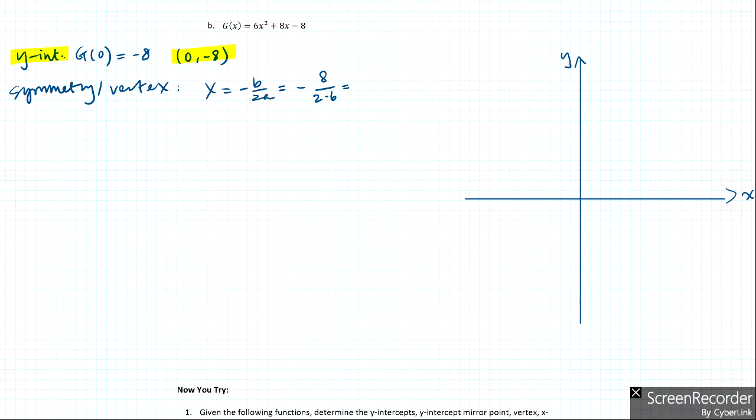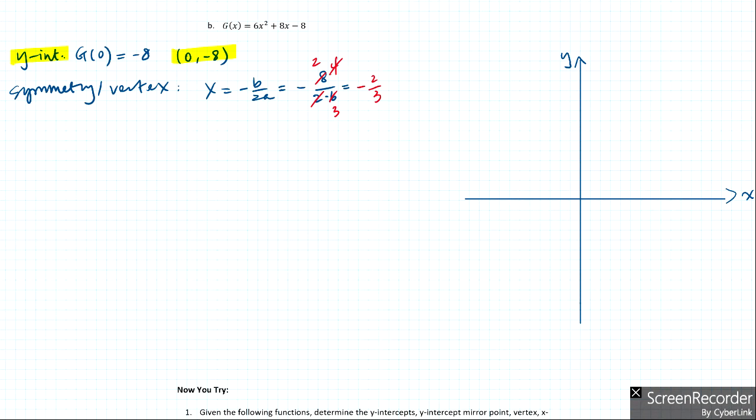There's some cancellation we can do over here. Factor of 2, this becomes a 4. Factor of 2 again, this becomes 2, this becomes 3. So we get -2/3 as the axis of symmetry.